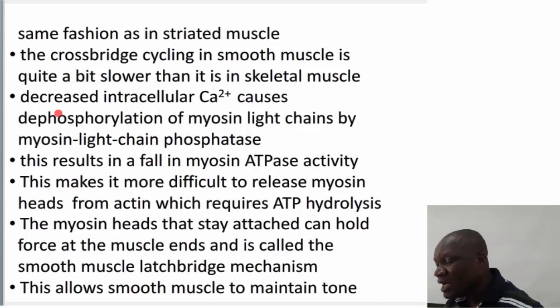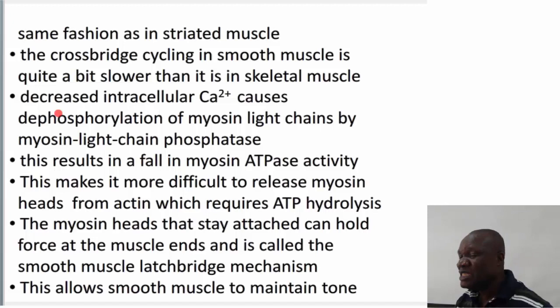Now, when that takes place, the activity of the ATPase on the myosin head is compromised. So the myosin head will not react with ATP and it wouldn't detach from the actin filament.